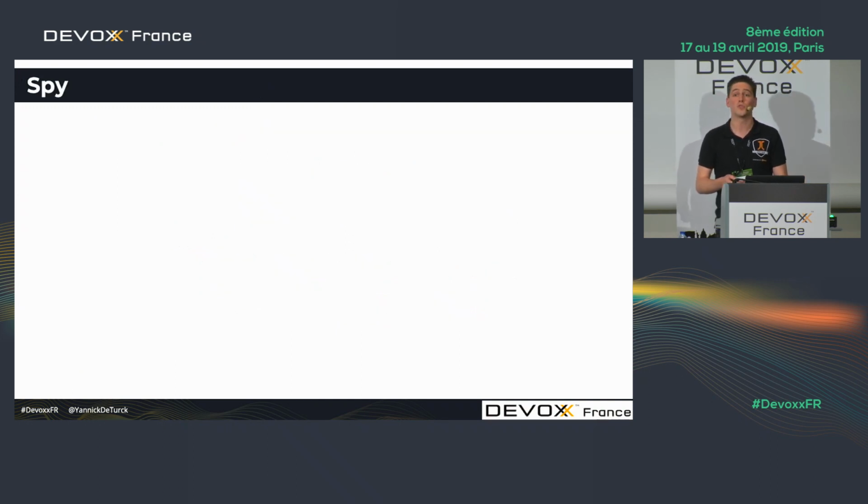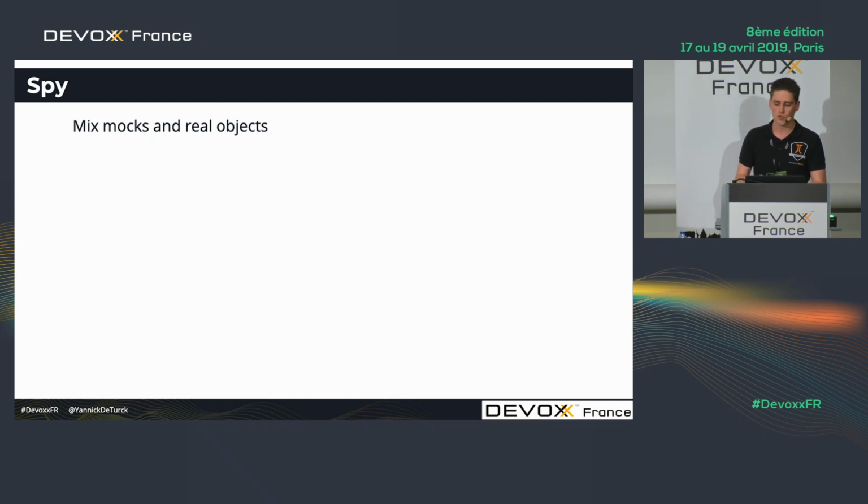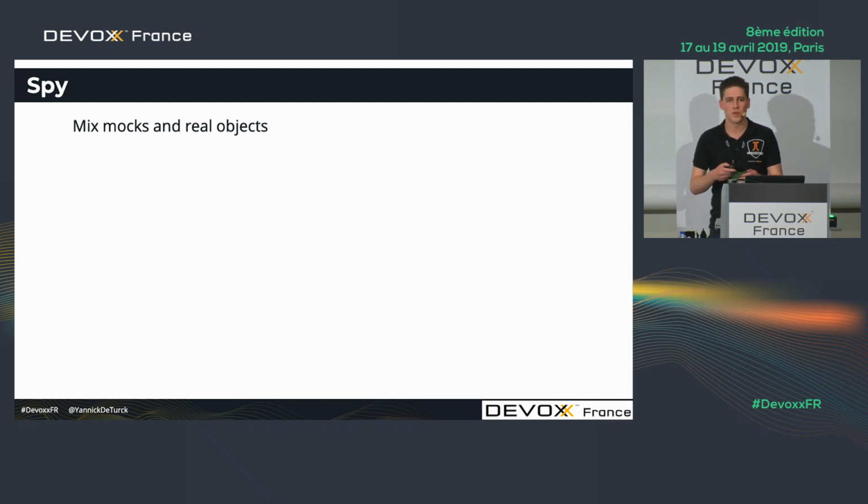In Mockito, we also have something called spies, and we also have that in MockK. A spy is also for mixing mocks and objects. Imagine you have the class that you're testing that also has a certain method.